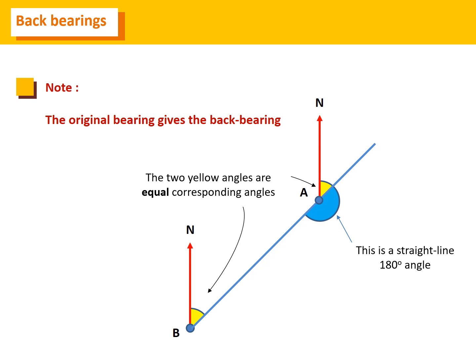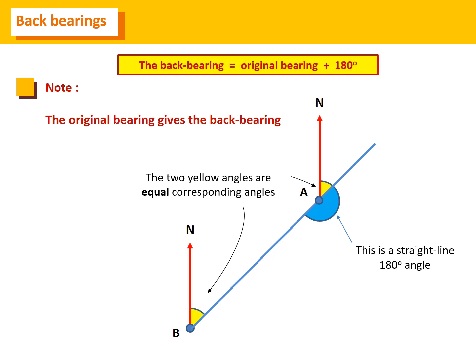Therefore, those two yellow angles are equal. That must tell us that the back bearing is equal to the original bearing plus 180 degrees, the blue angle. And that's our result. The back bearing is the original bearing plus 180 degrees.